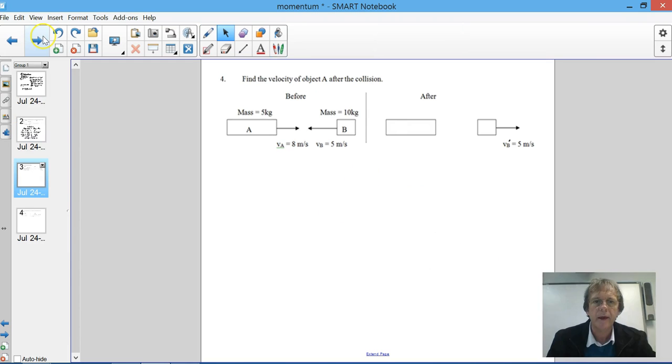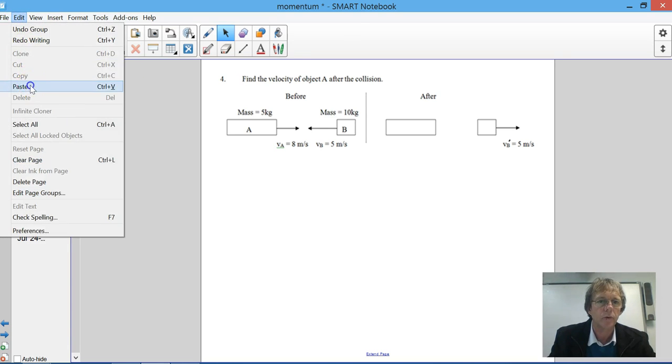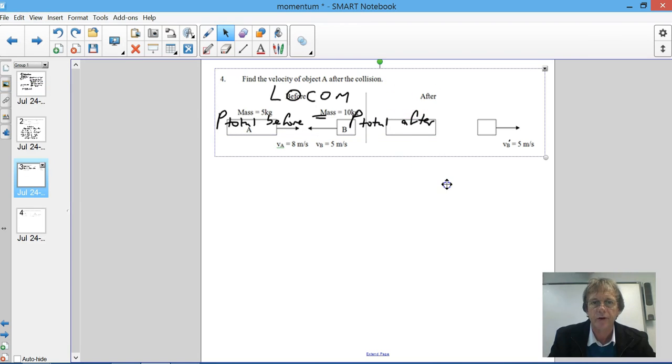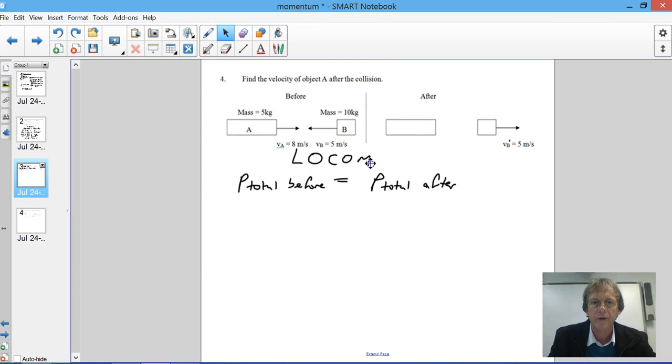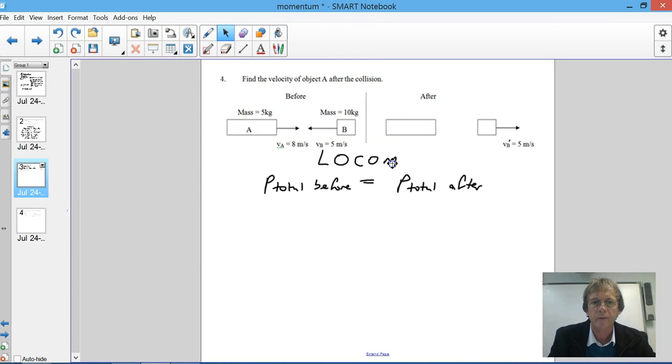Now, if you look at the next question here, this time they've actually separated after the collision, so you have to approach it slightly differently. But you still start the same way, so you can actually cheat here and do an edit paste, because you're still using the same law. We're still going to use the idea of LOCOM, this idea that total momentum beforehand is equal to the total momentum afterwards.